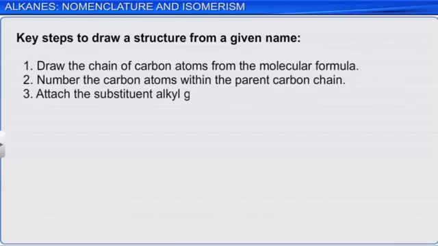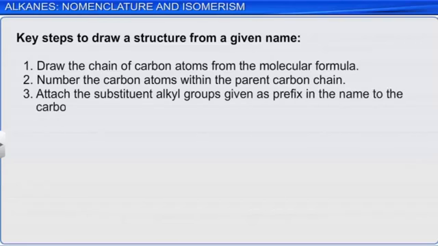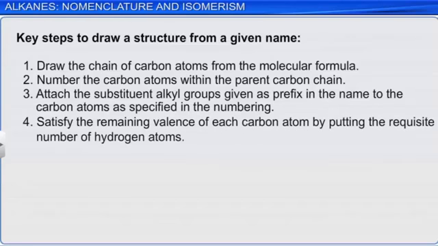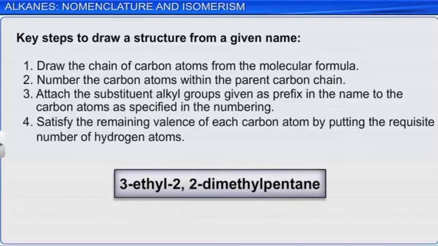Attach the substituent alkyl groups given as prefix in the name to the carbon atoms as specified in the numbering. Satisfy the remaining valence of each carbon atom by putting the requisite number of hydrogen atoms. Let us now try and draw the structure of 3-ethyl-2,2-dimethylpentane.